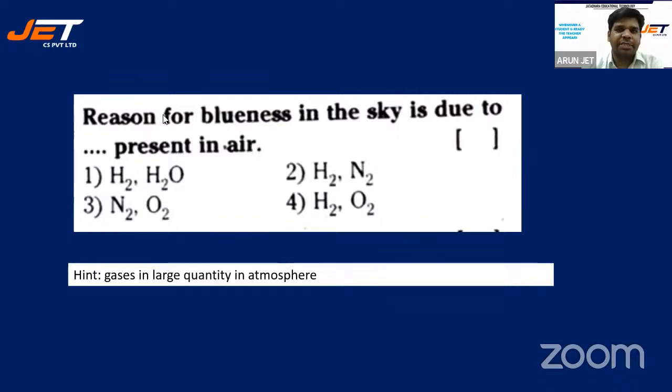Reason for blueness in the sky is due to the dash present in the air. What are the gases responsible for the blueness of the sky?